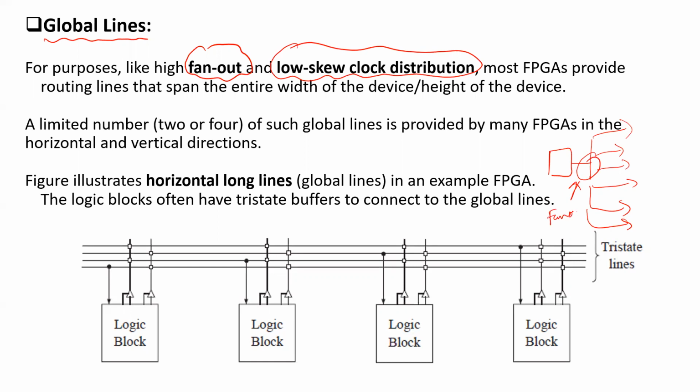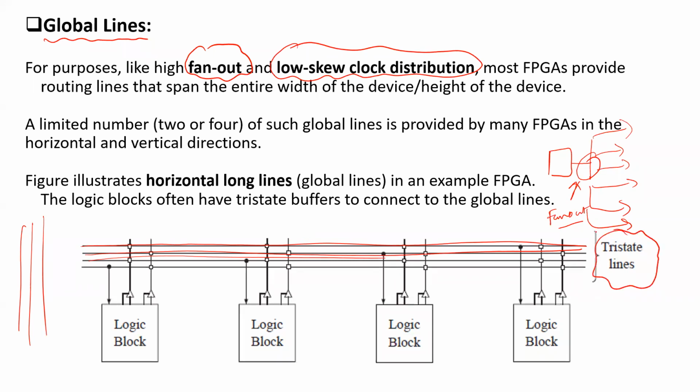So whenever we have a large fan out, it is best to go for the global line approach. In the global line approach, there are two options. One is horizontal global lines, so this is one horizontal global line. Sometimes we can also use vertical global lines. Anything is possible. These are all tri-state buffers.